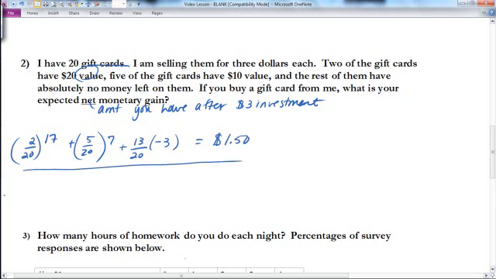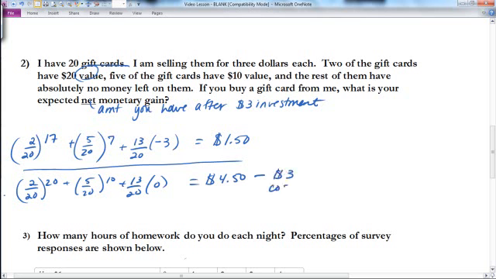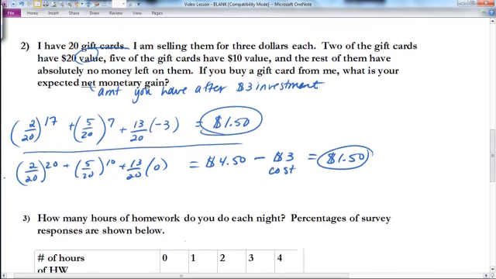Now, if you don't like doing it this way, the other way that you could do it is you could calculate the expected value using the amount on the gift cards, and then after you get your answer, this would result in $4.50, you subtract the $3 cost to purchase the gift card, and you would get the same answer of $1.50. So it doesn't really matter which method you use as long as you remember to account for the $3 cost of the ticket, or the gift card rather.